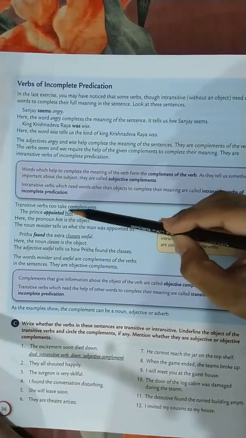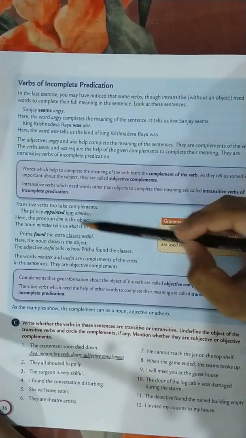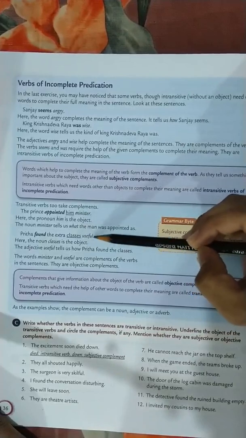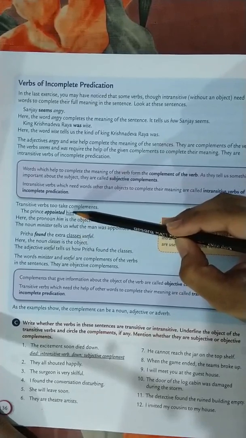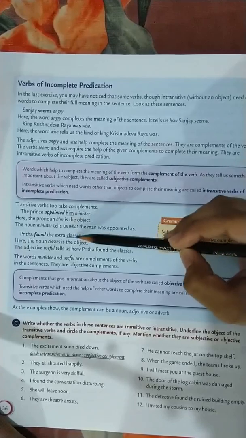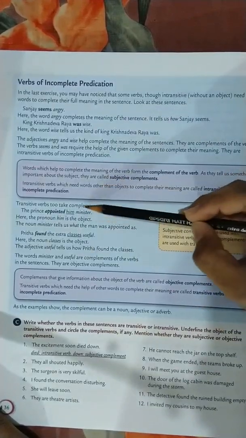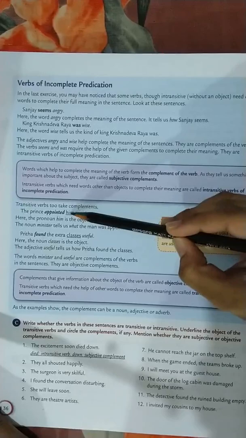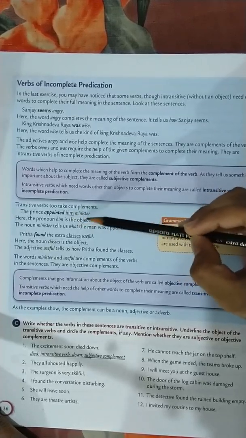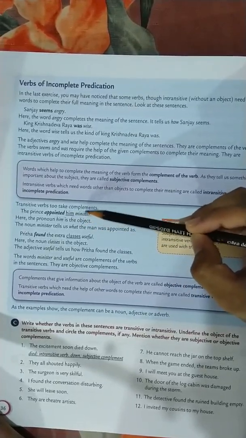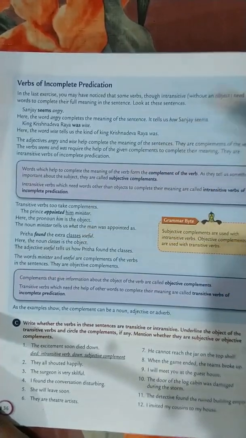In the first sentence the object was him, and in the second sentence the object is classes. So the complements which give information about the objects of the verbs appointed and found are called objective complements.